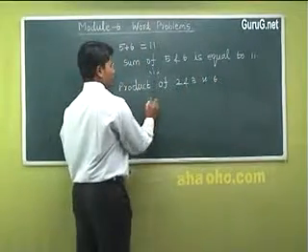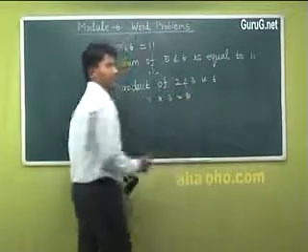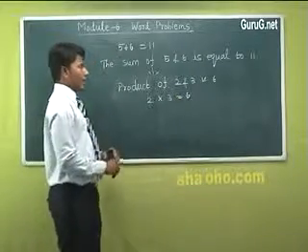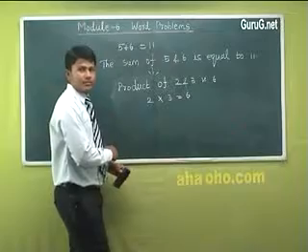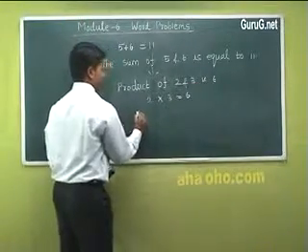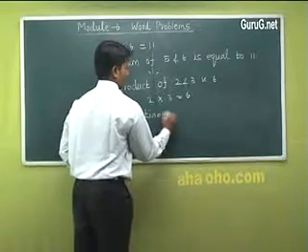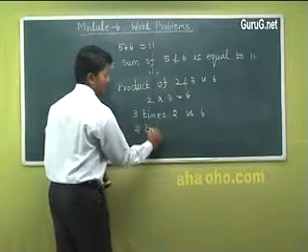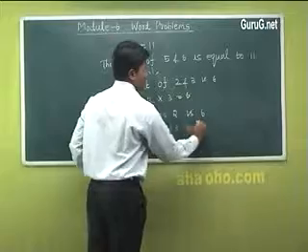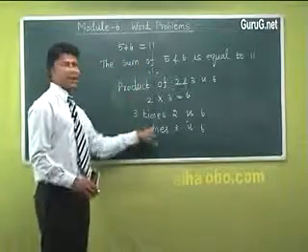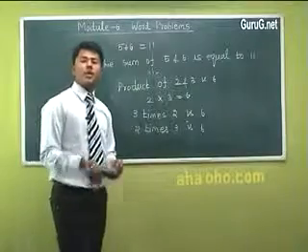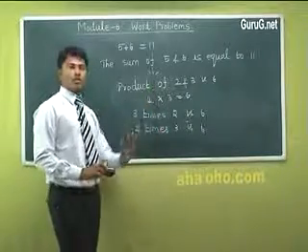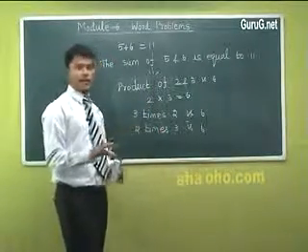What does this mean? 2 into 3 is equal to 6. Or I can also say 3 times 2 is 6, or 2 times 3 is 6. So words like product and times all represent the operation called multiplication.